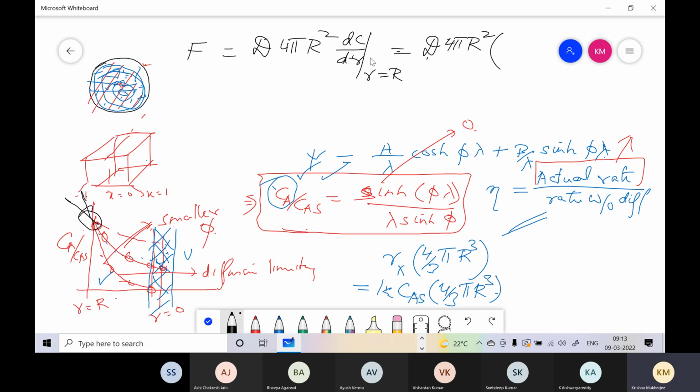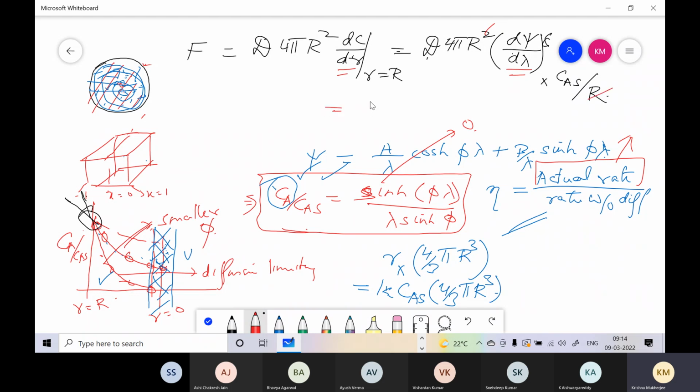Into, because we have this as not dC by dr but d phi by d lambda, into, what was the calculation? We did CAS upon R, right? Oh, sorry. Into CAS upon R. That is this dC by dr being converted to d phi by d lambda into CAS by R. So R here goes away.